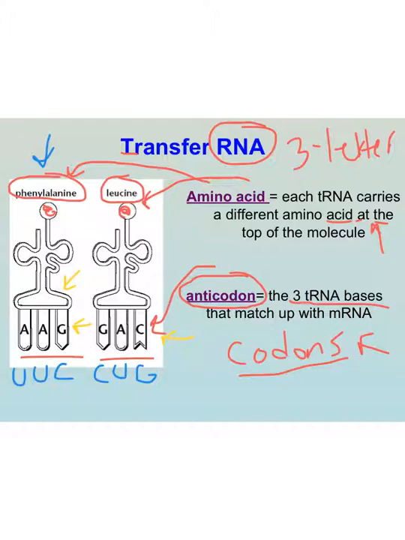That tRNA would drop off the amino acid leucine, and so on and so on. So, just remember, tRNA and mRNA always talk in 3-letter words. The words in tRNA are called anticodons. The words, or 3 bases in a row, in mRNA are called codons.